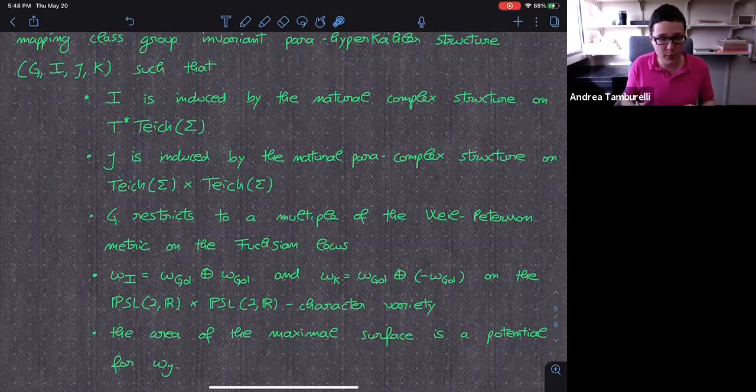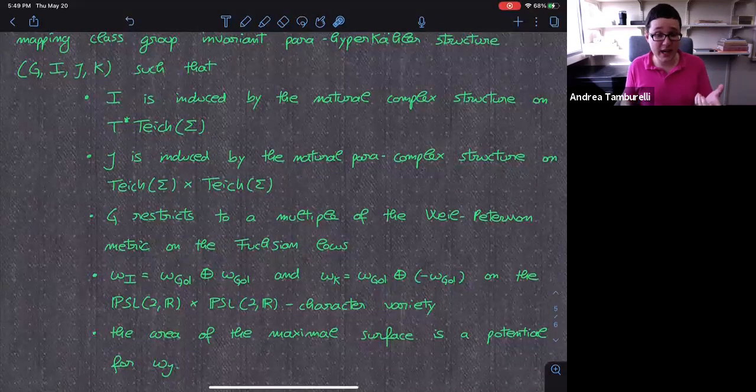So if we interpret quasi-Fuchsian manifolds as being a connected component in the PSL2R cross PSL2R character variety consisting of representations in which the projections onto both factors are discrete and faithful, and moreover, the area of the maximal surface is a potential for the form omega_J, exactly like we saw in the context of hyperbolic manifolds, where the area of the minimal surface was the Kähler potential for one of the symplectic forms.